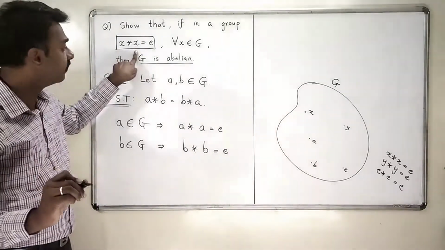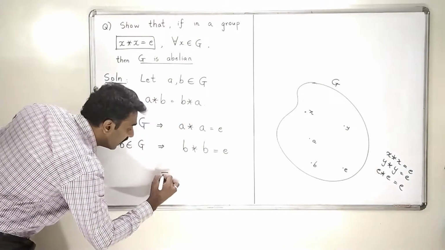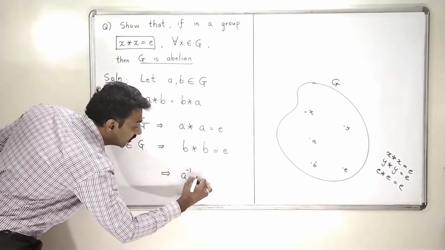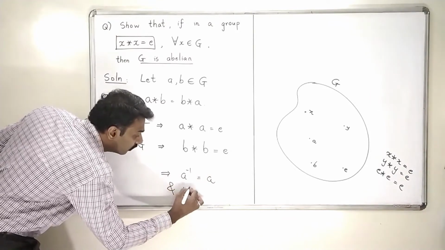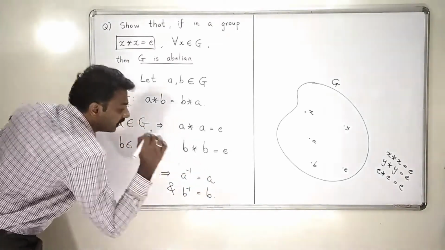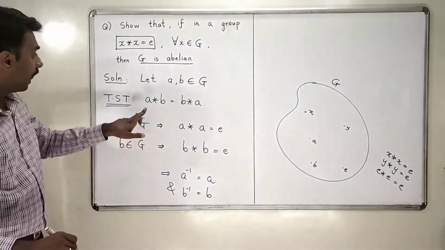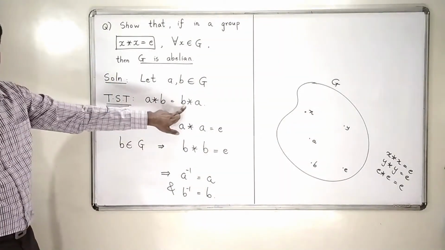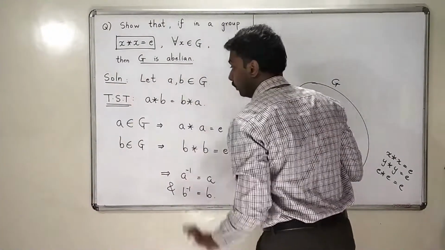So this element is inverse of itself. So this means that A inverse is equal to A and B inverse is also equal to B. Right? Now these two things are going to help us a lot. I want to show that A star B is equal to B star A. Please don't forget what we want to prove.